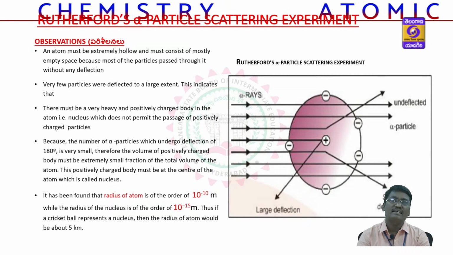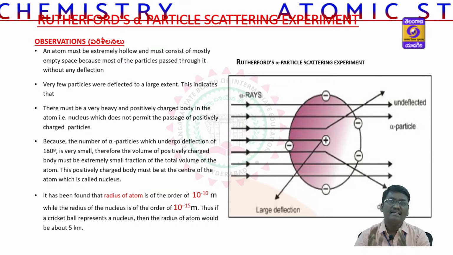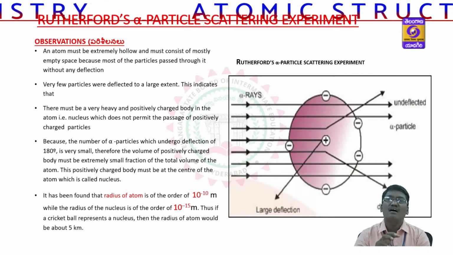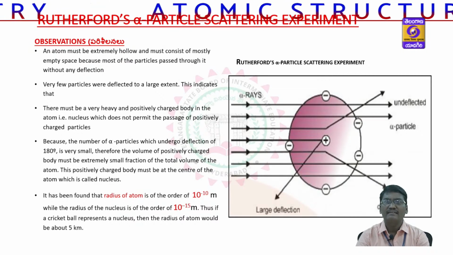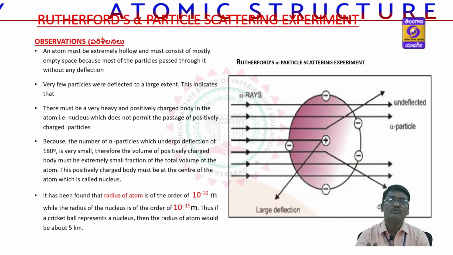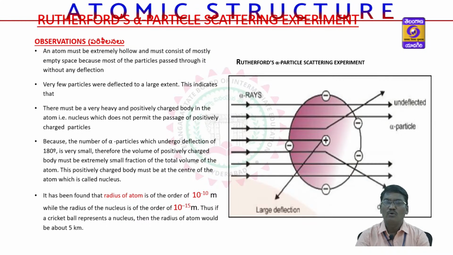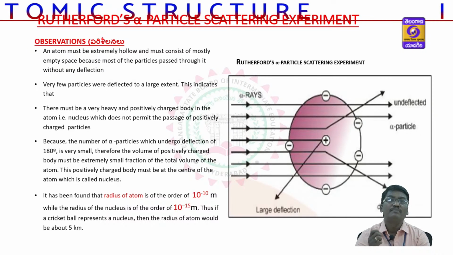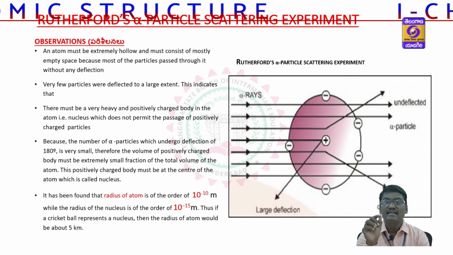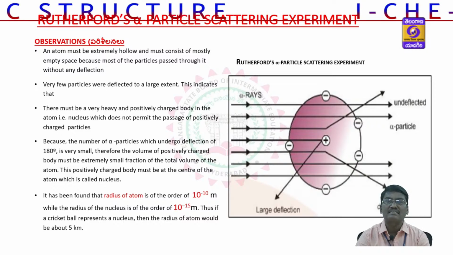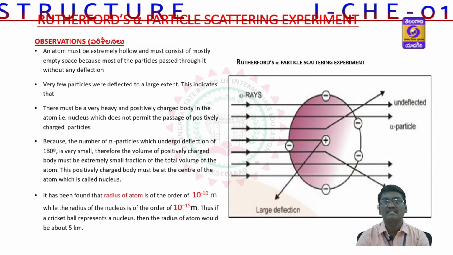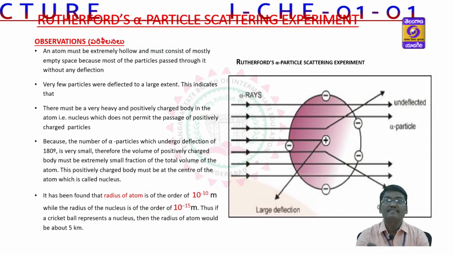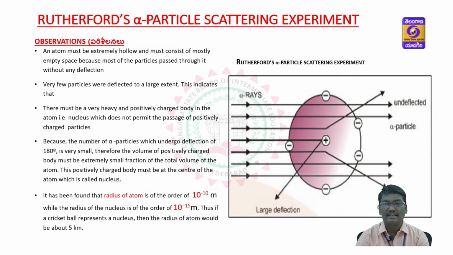So what we understand here is that the atom has a spherical shape. Lots of alpha particles are moving through, meaning the space is more. Only one out of thousands of particles is deflected back. That indicates a heavy, positively charged mass present in the middle of the atom, which is called the nucleus.